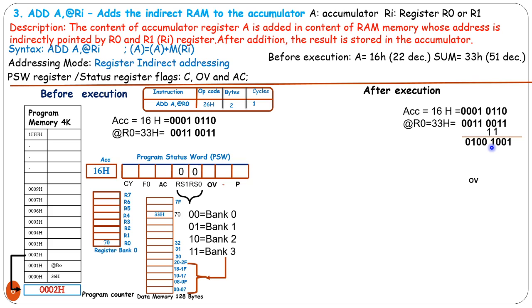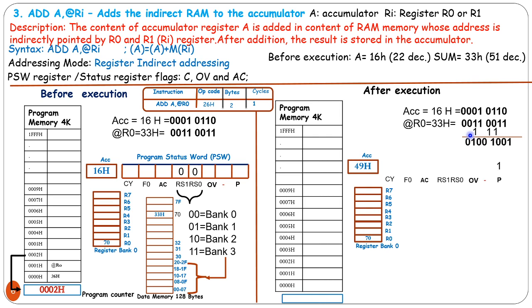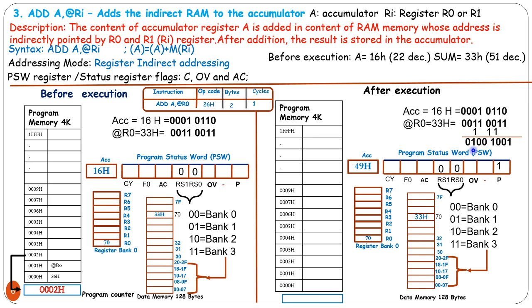Then next one is 1 plus 1, sum is 0, carry will be 1. It is added here. So 1 plus 1 will be 0. Again carry added. So here the carry is added, and this 1 plus 1, that will be 1 here.